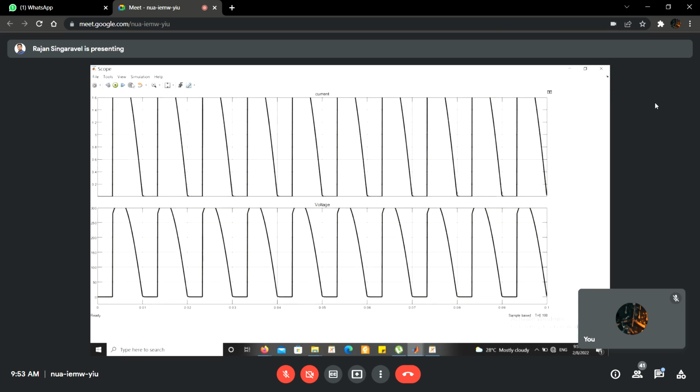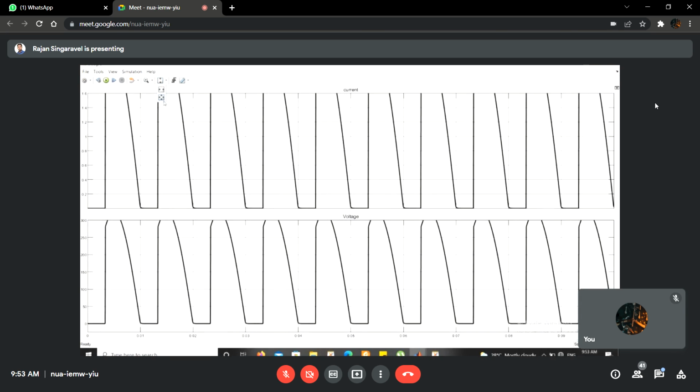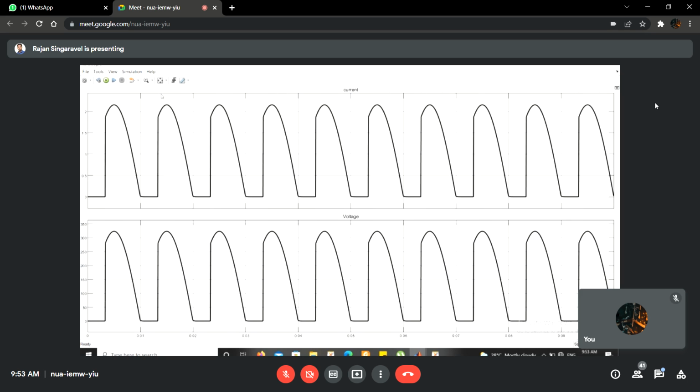So see the voltage and current waveforms here. The top one is current and the bottom one is the voltage, and I have simulated the circuit for 0.1 second. If you look at the alpha, now you can understand, you see the first waveform.